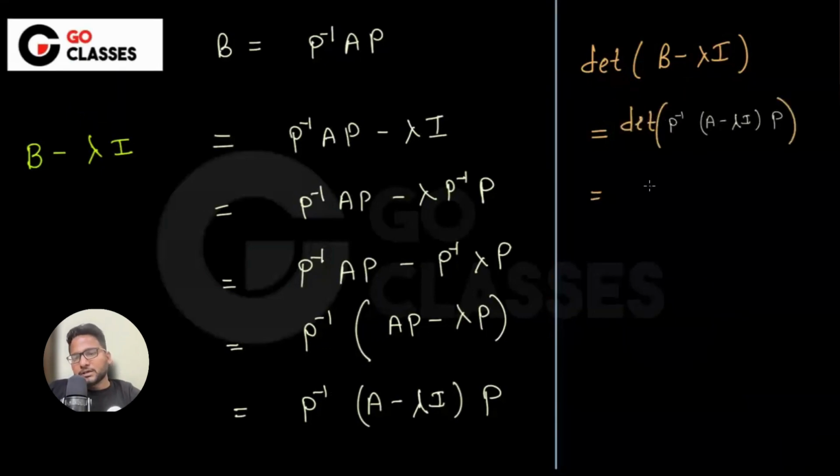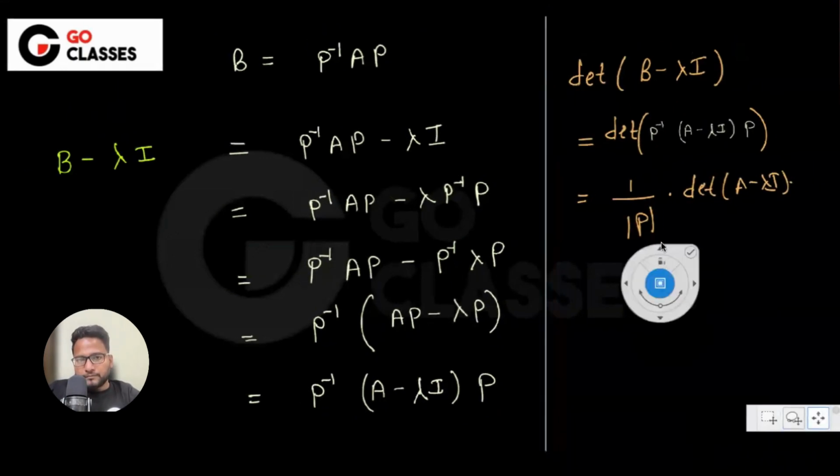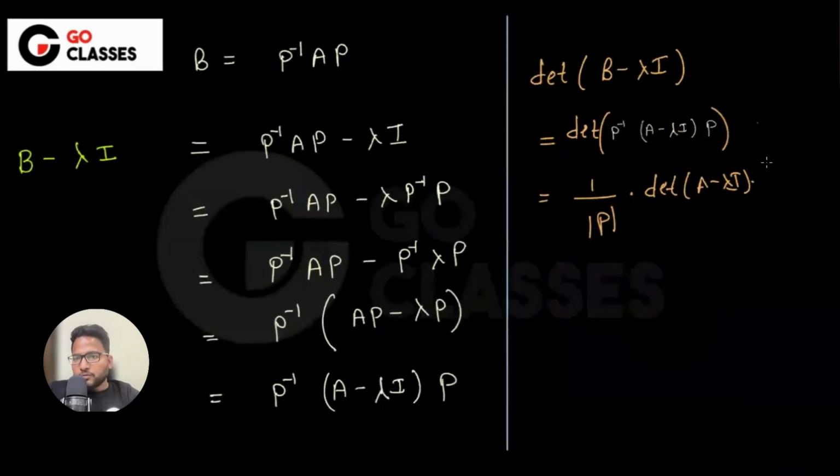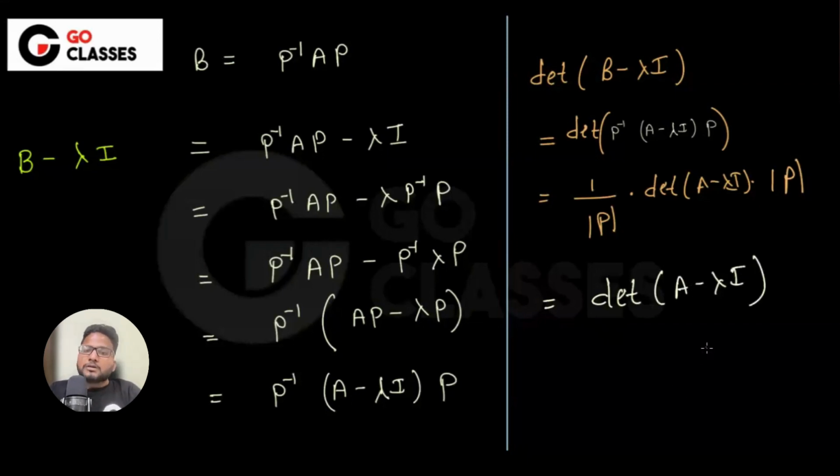Can I say it is the same as 1 by determinant of P into determinant of A minus lambda I into determinant of P? Let me know. Is this fine to everyone? So from here, can I say it is the same as determinant of A minus lambda I? Right? So basically, whatever lambda satisfies this determinant to be zero, both are the same. So both characteristic polynomials are the same. So it means the eigenvalues are the same.